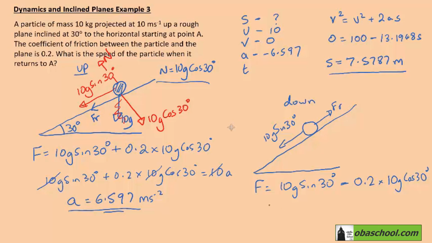So if we say that that's equal to 10a, as we did before, so 10g sine 30 take away 0.2 times 10g cos 30 is equal to 10a, and once again we can cancel those 10s through, and so we can work out the acceleration for this part of the motion.